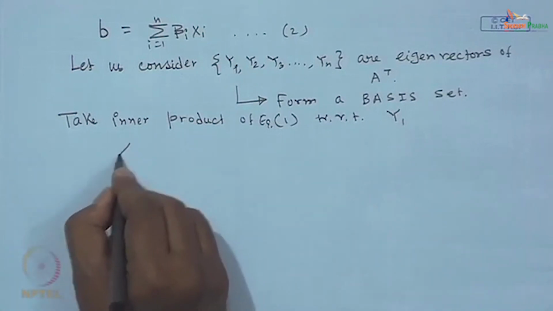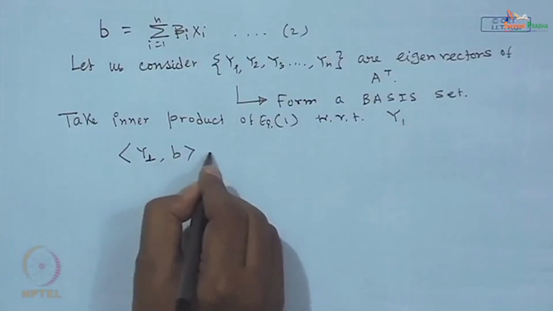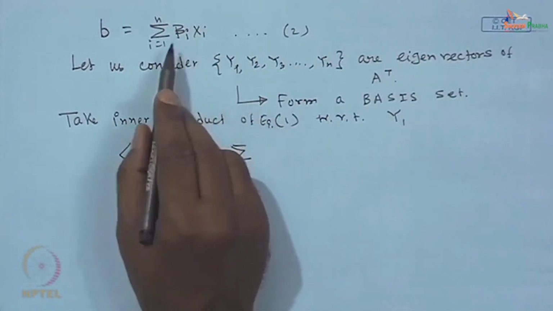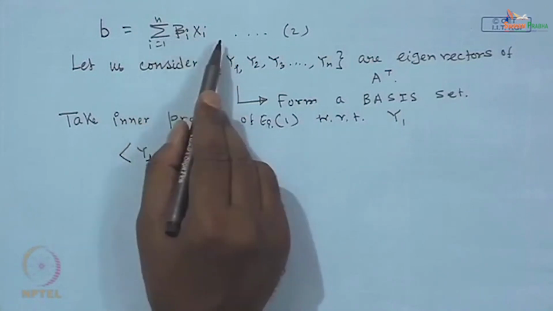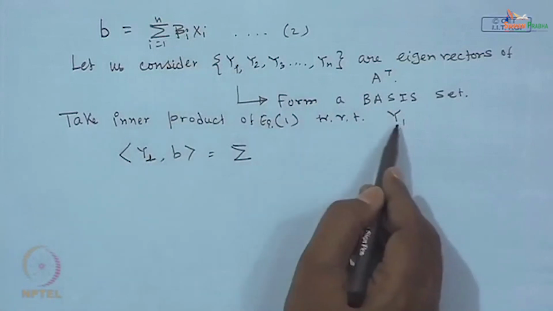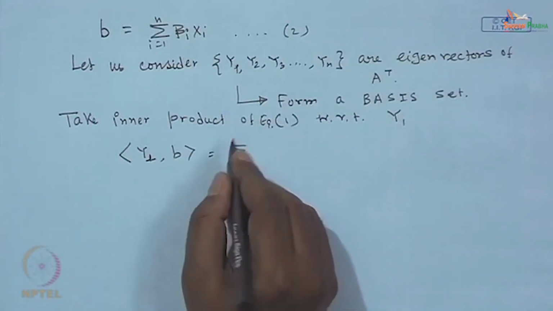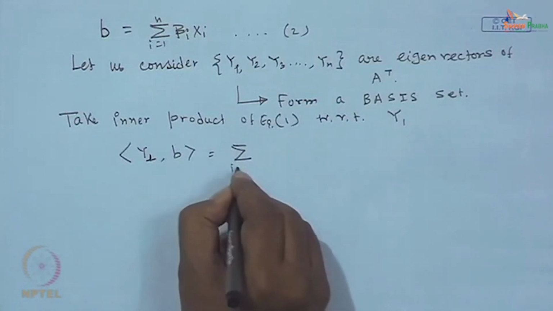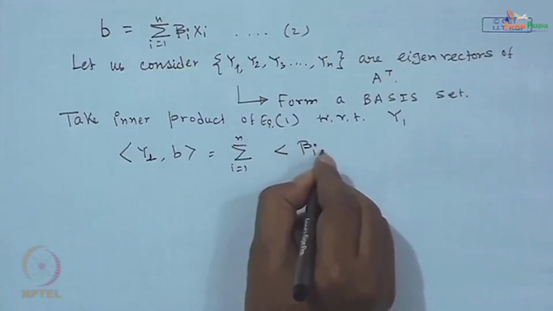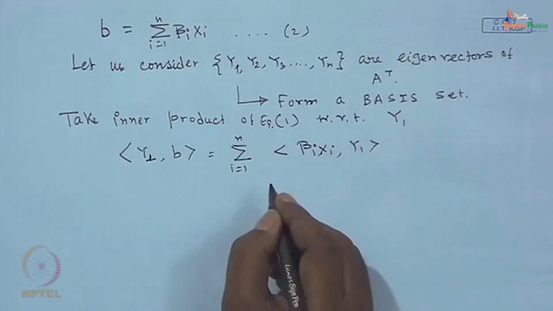So, what we will be getting is the inner product of y 1 and b will be nothing but a summation, because if you open up this summation term wise, it will be the inner product of each term with respect to y 1. So, we can put the summation outside, and this will be simply the sum from i equal to 1 to n of the inner product of beta i x i and y 1.